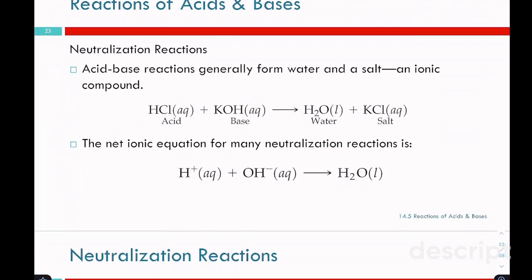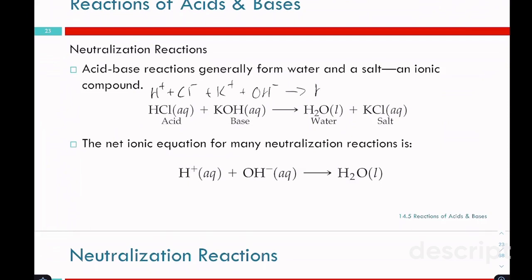Because when we add HCl or potassium hydroxide, so hydrochloric acid or potassium hydroxide to a solution, they ionize. They become H plus Cl minus plus K plus OH minus.